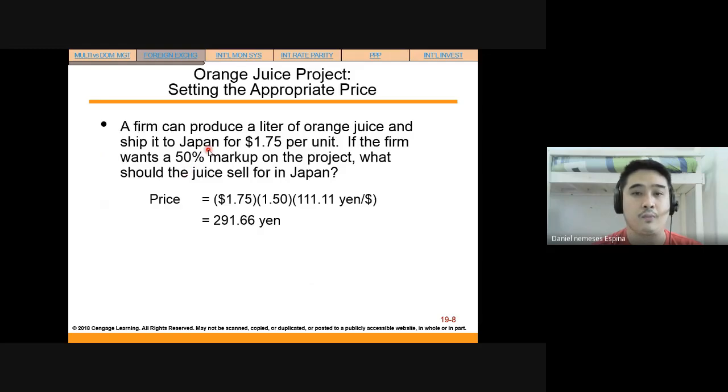The firm wants to have a 50% markup on the product. So what should the juice sell for in Japan? $1.75, the cost, times 1.50. So we are actually converting this first to the sales price in dollars.